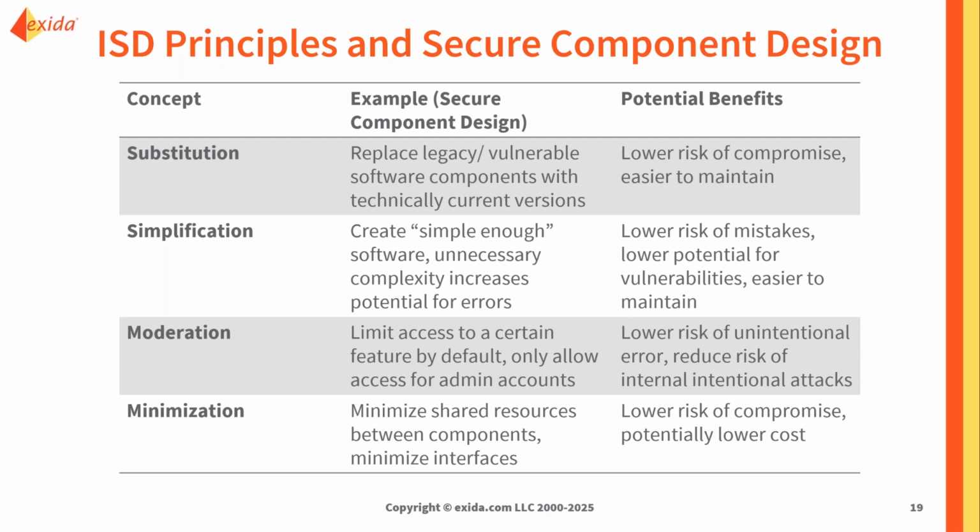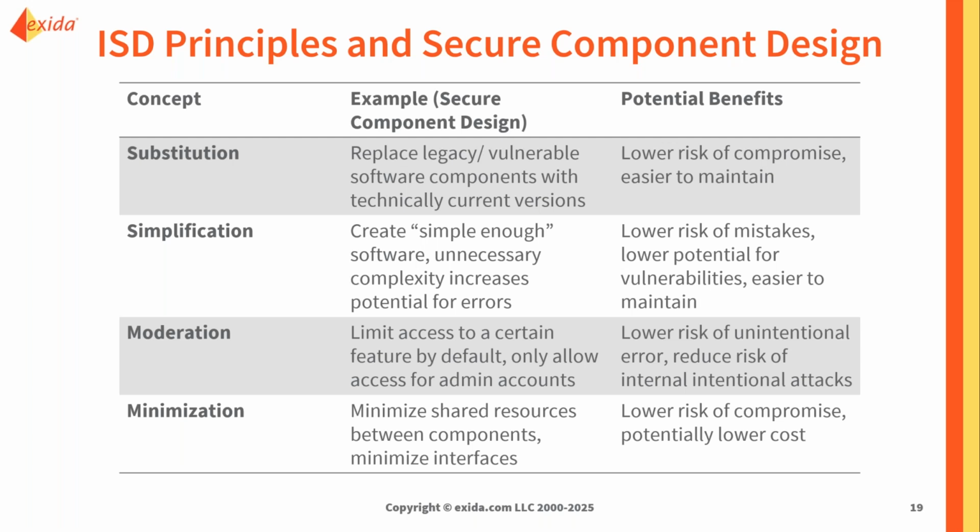If we summarize the secure by design techniques and apply them to the ISD principles, for substitution, we could think about replacing legacy or vulnerable software components or databases with more technically current versions, stripping out those parts that hold our overall security back and replacing them with something that has a lower risk of inclusion.